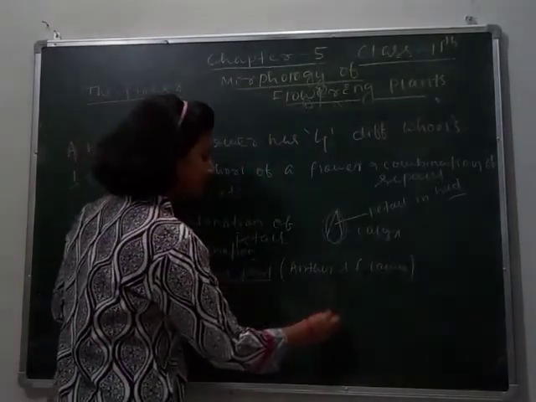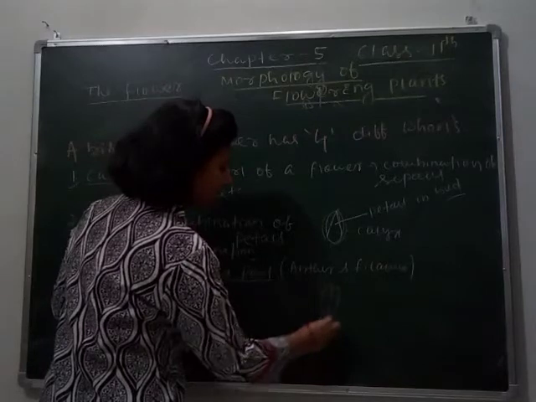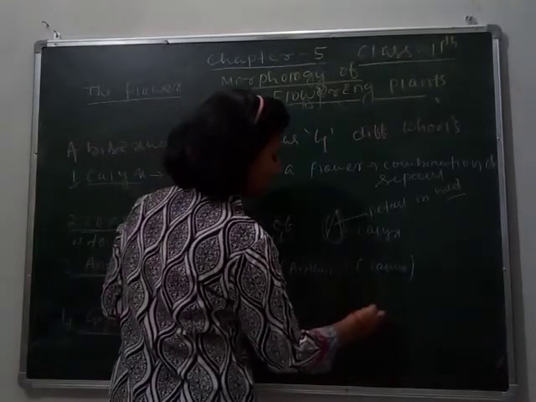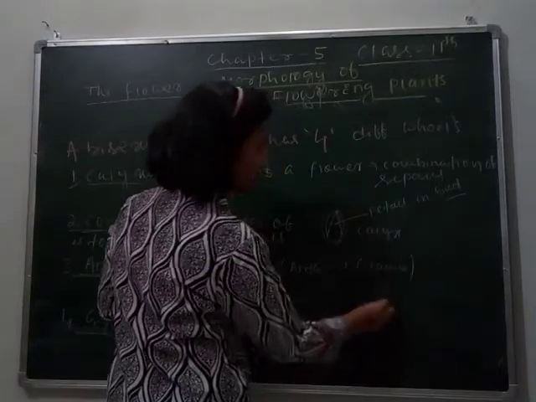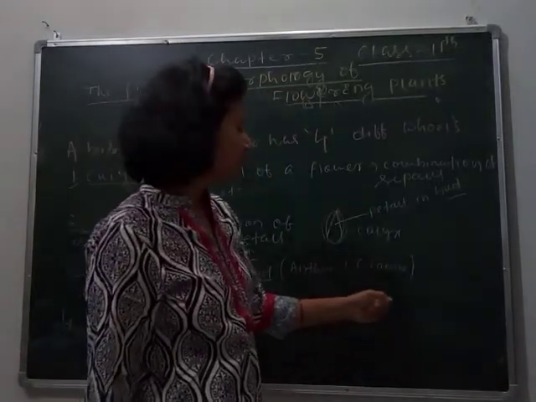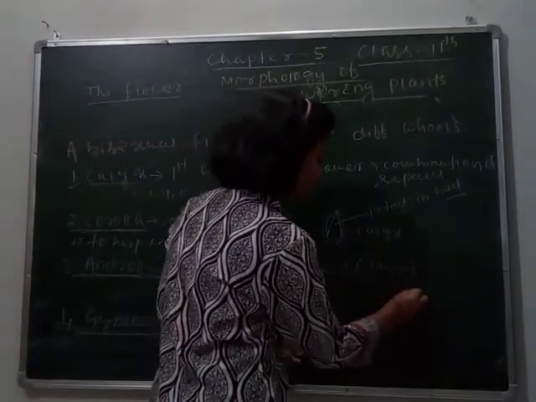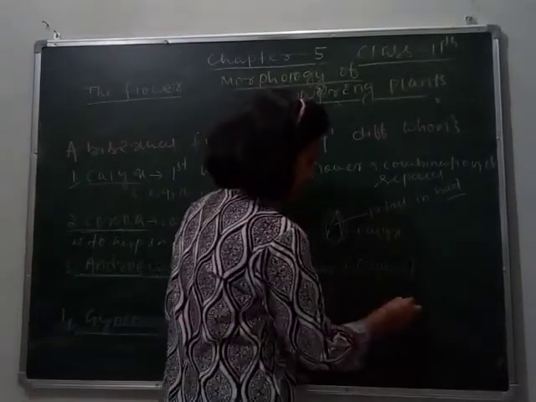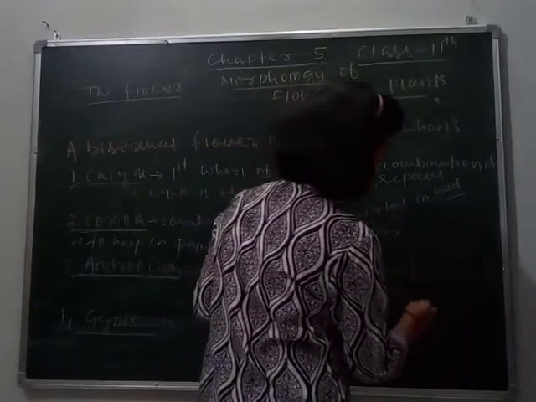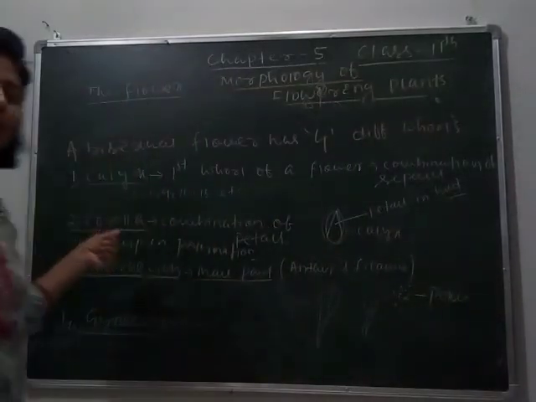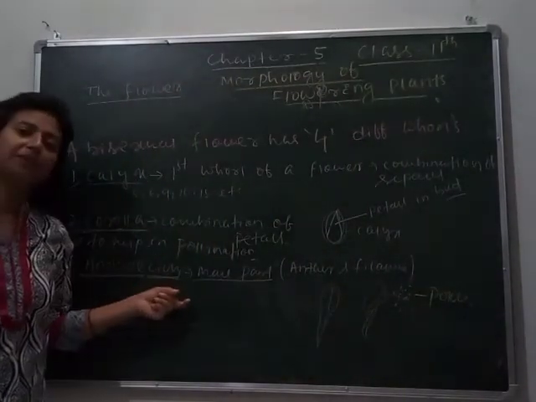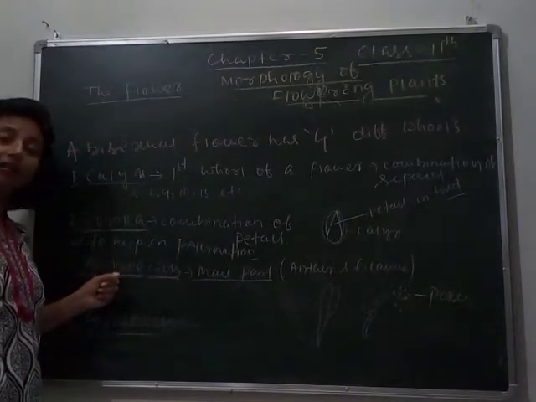So if you see, this is an anther, or anther is like this. Inside this, pollen grains are formed. These are pollen grains, yellow powdery structure. So these pollen grains are formed inside the androecium and they carry the male gametes which help in fertilization, and this is the third whorl of the flower.